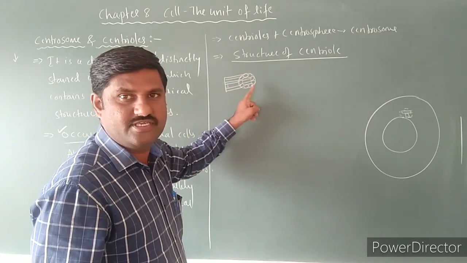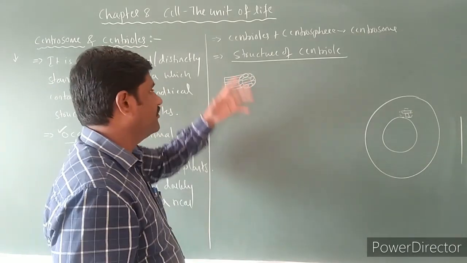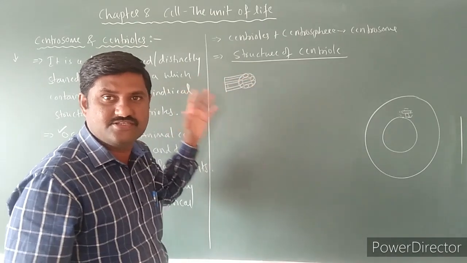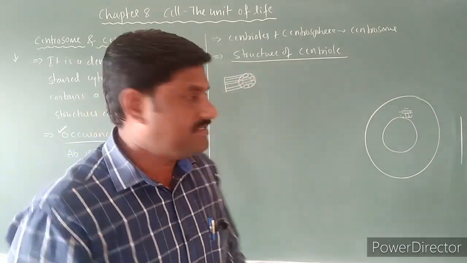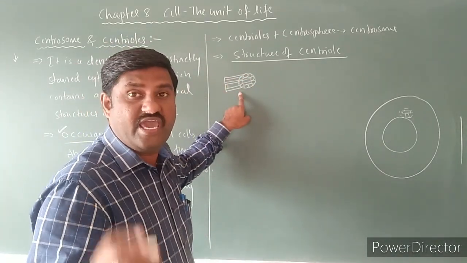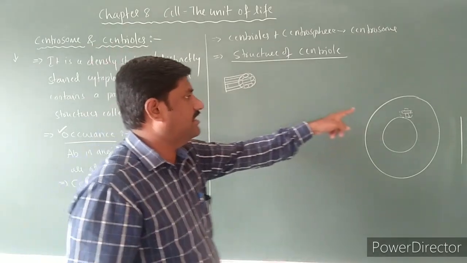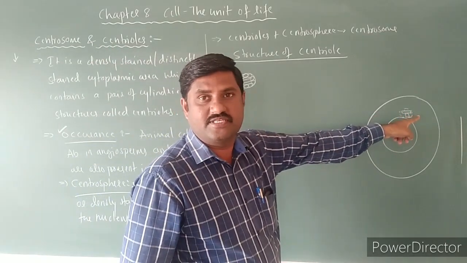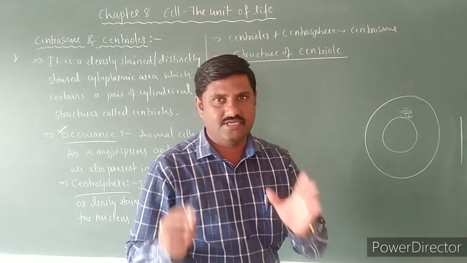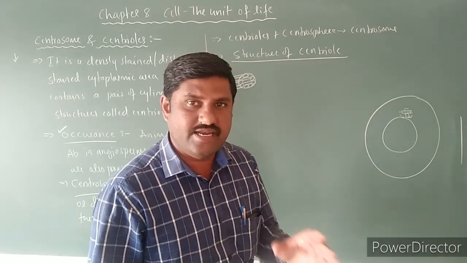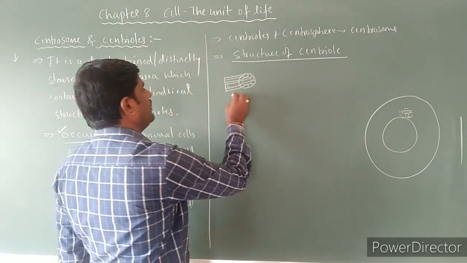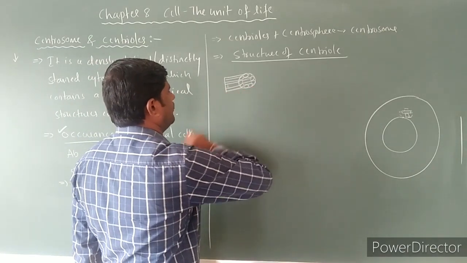I am not showing the triplets here, but I am showing the cylindrical structure. Such a pair of centrioles lie in the centrosphere forming the centrosome.